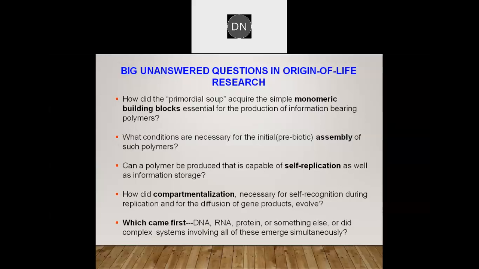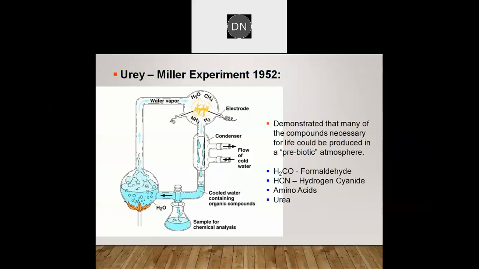Can a polymer be produced that is capable of self-replication as well as information storage? How did compartmentalization, necessary for recognition during replication and for the diffusion of gene products, evolve? Which came first? This is the question. DNA, RNA, protein, or something else? Or did a complex system involving all of these emerge simultaneously? Next slide.